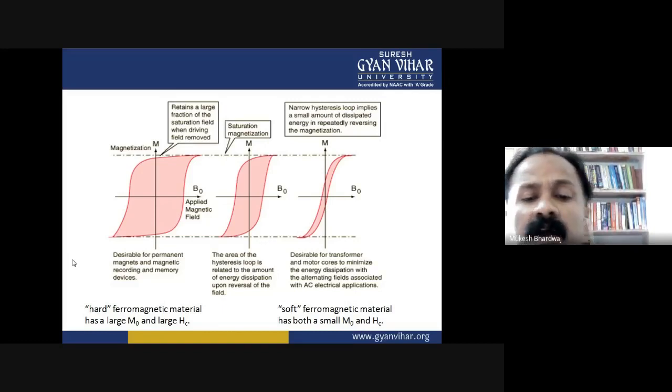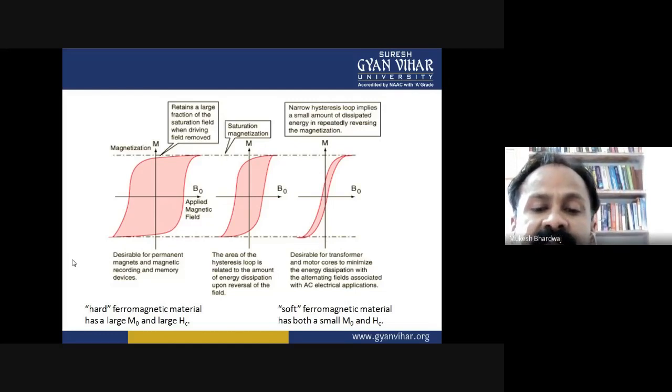Now, hard magnetic materials are hard to magnetize and hard to demagnetize. High values of residual flux density and coercive force characterize these materials and make them excellent permanent magnets. The former establishes the higher induction field needed to strongly attract ferromagnetic materials.